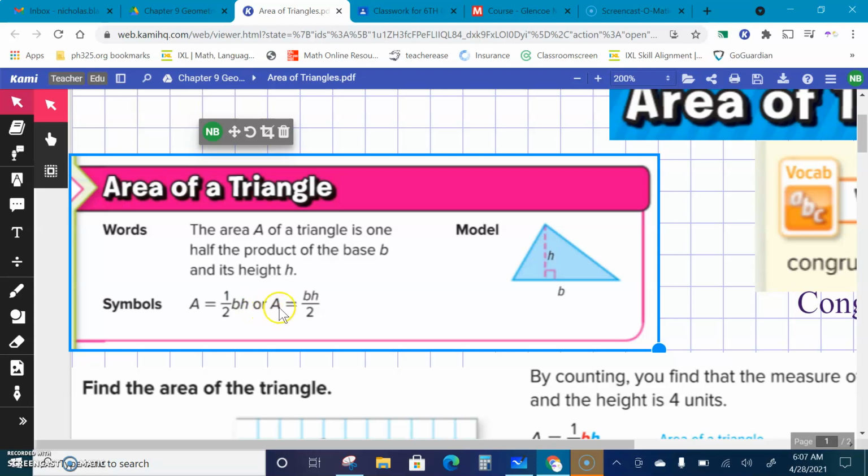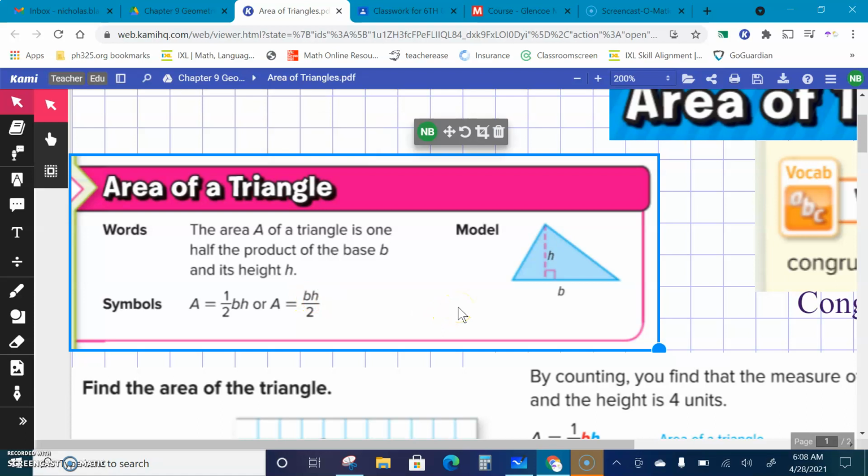We're still doing area equals base times height, but then you're going to take that answer and divide it by 2. The extra step is using the same formula as the parallelogram, then dividing your answer by 2 after you multiply the base times the height.